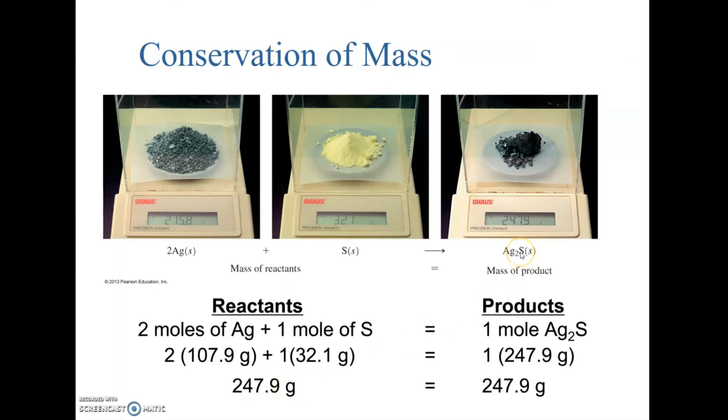If we get the molar mass of the silver sulfide, we get 247.9 grams. And it means that if this reaction goes as it was planned, and if we are using this much of reactant, when we are finished with the reaction, we should be getting this amount of product.